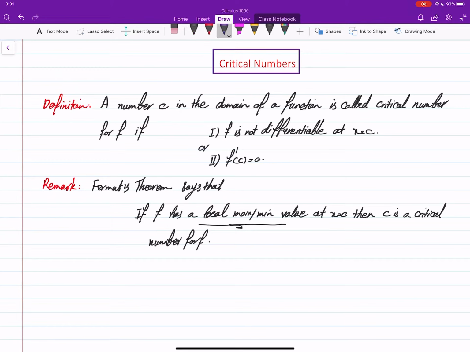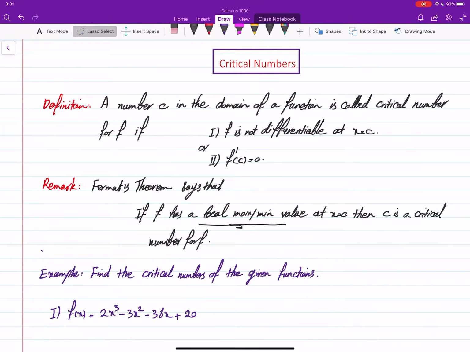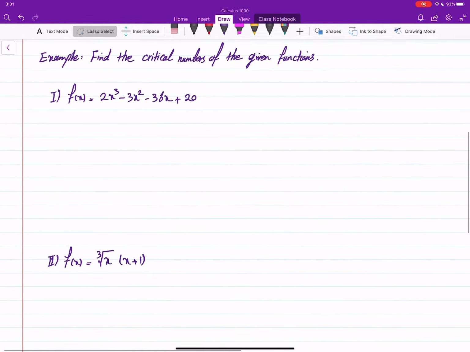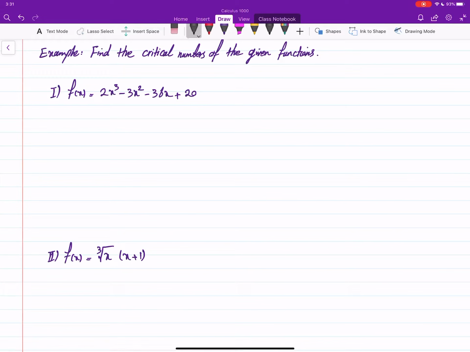Okay, so let's do some examples and see how this works. Find the critical numbers of the given functions. Well, first thing, see that f is differentiable everywhere, because it's a polynomial.